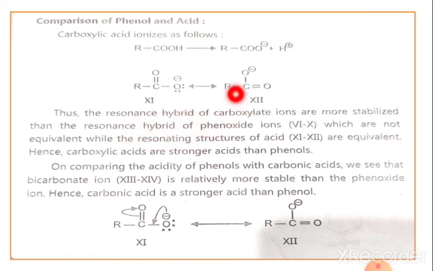The resonance hybrid of the carboxylate anion is more stabilized than the resonance hybrid of the phenoxide ion, because structures 6 and 10, in the case of the phenoxide ion, are not equivalent. In structure 6 the negative charge is on oxygen, and in structure 10 the negative charge is on the benzene ring.